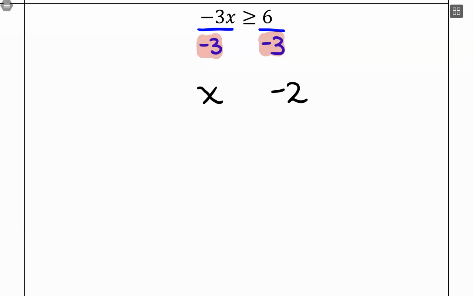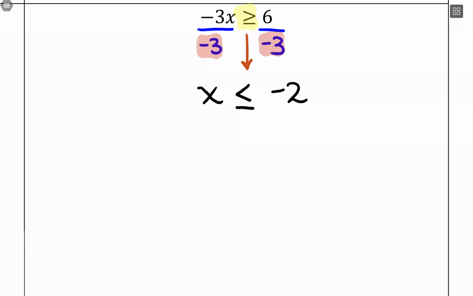So that's all the same. But then what I need to be careful of is my symbol. Because I divided by a negative number, I need to flip the symbol. Where it was more than or equal to, now it's going to be less than or equal to. So it switched direction there because we divided by a negative number.